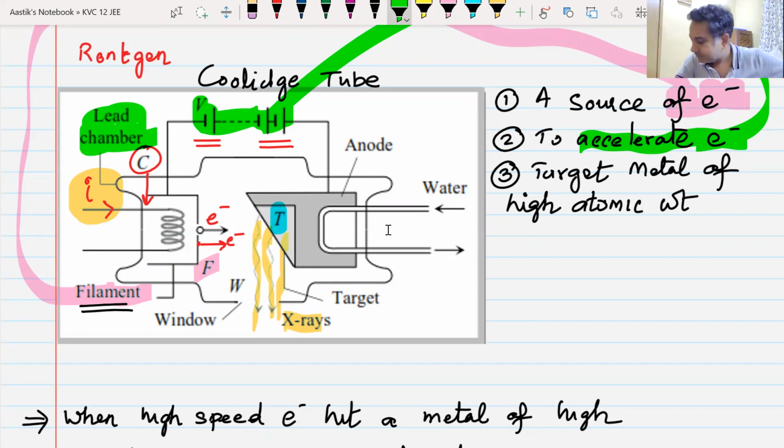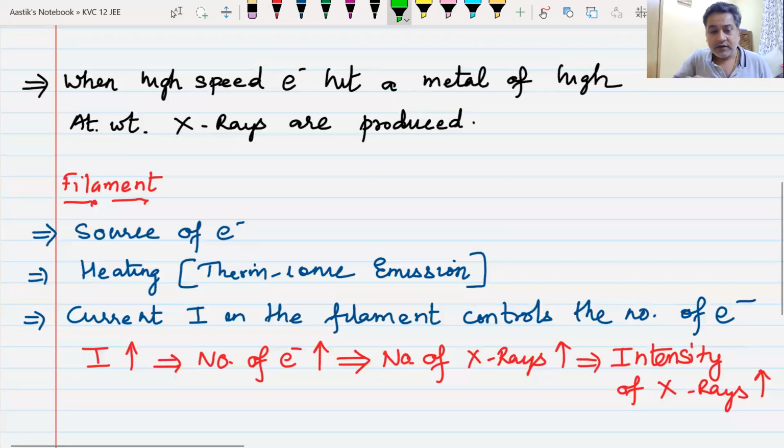Now the other two minor points; they might not ask this. What is this made up of? It is actually a tungsten filament.